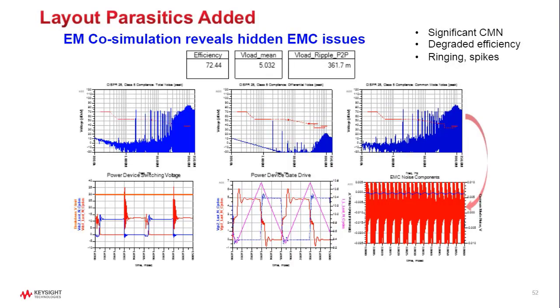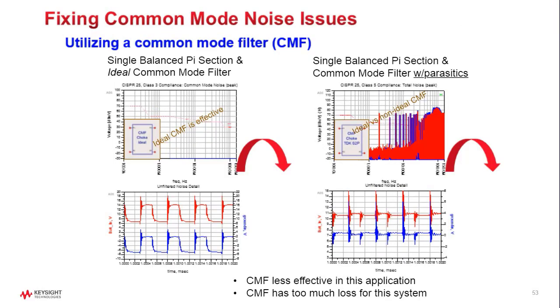This is a slightly different version of an example that we had, a schematic that was working okay. We attached it to the layout, and we end up with a significant amount of common mode noise, and efficiency drops to about 72%. Those arrows, the red arrows, are rotated. You should rotate them 90 degrees clockwise in your head.